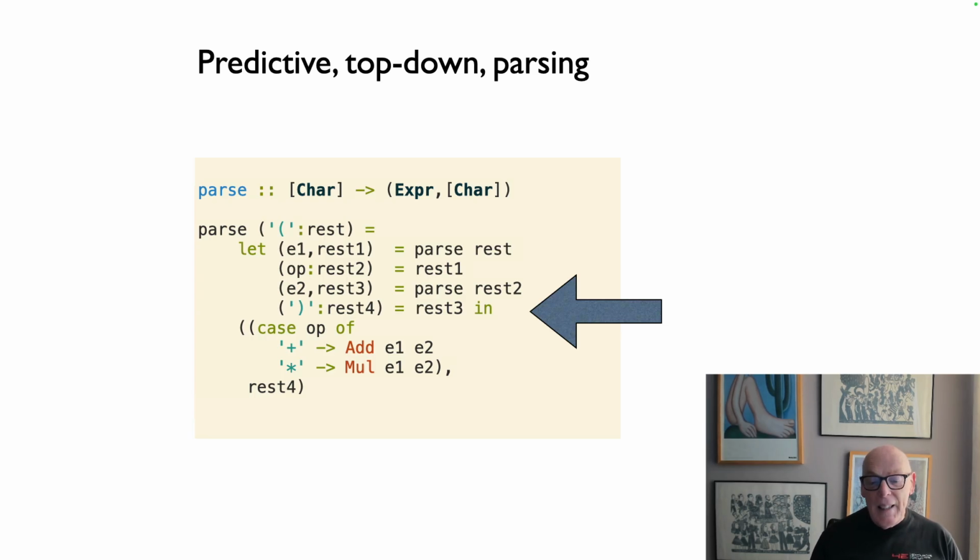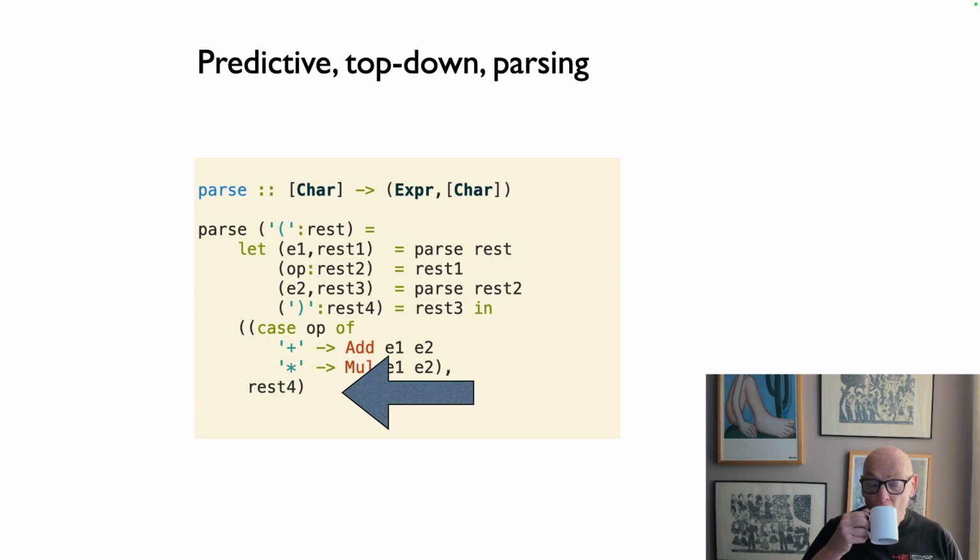And what we return is, depending on whether the op is a plus symbol, we return an add of E1 and E2. If it's a multiplication symbol, we return a mul, paired with what remains after doing all that analysis, what comes after the closing parenthesis, which is rest4. So the algorithm is structured according to what we expect the expression to look like.